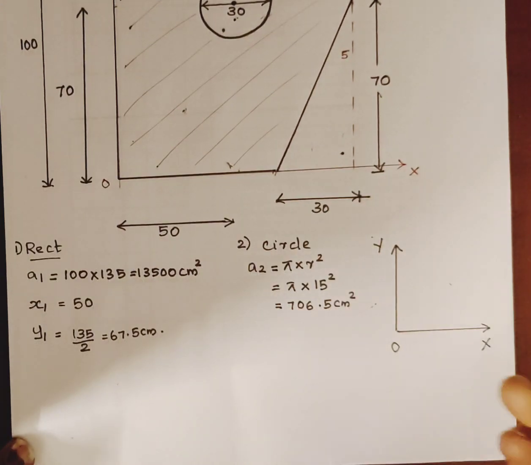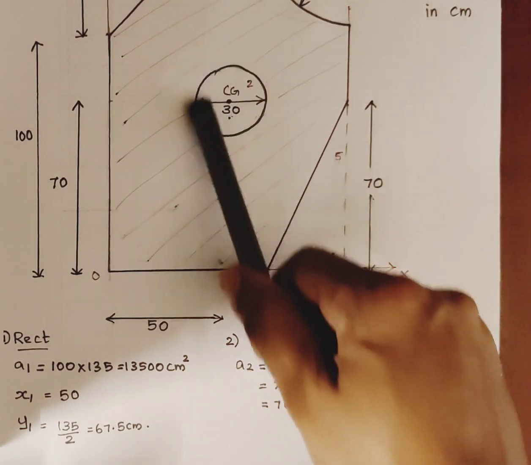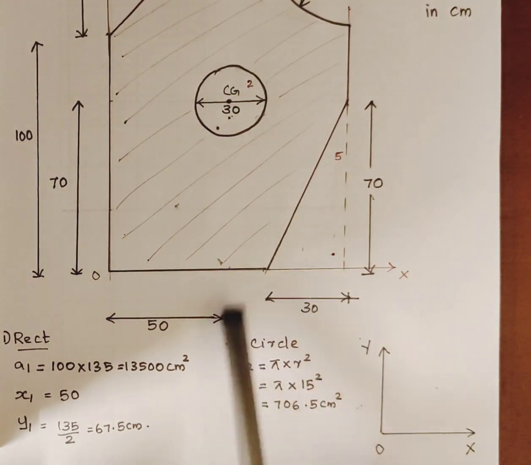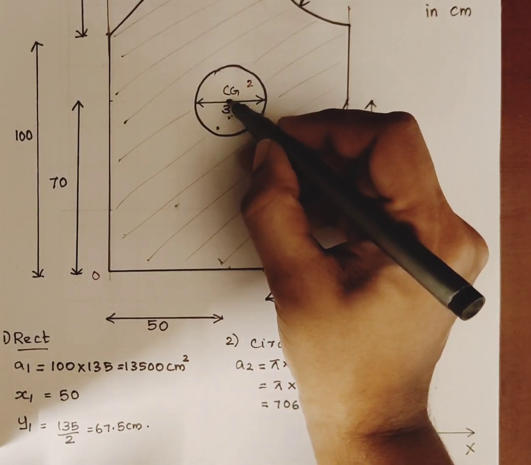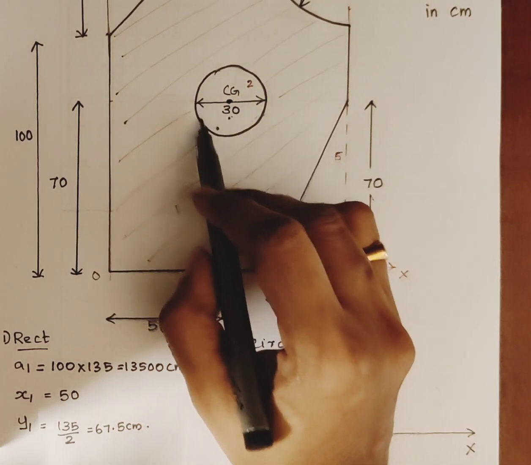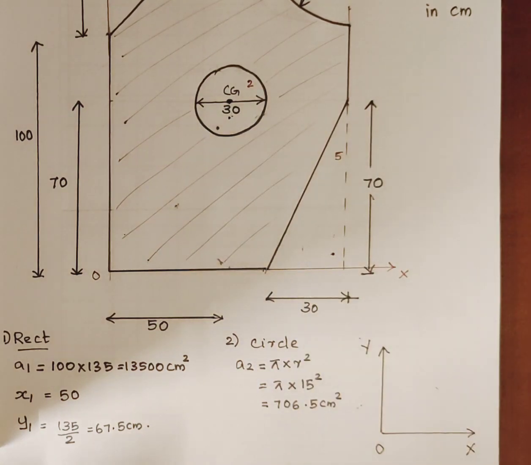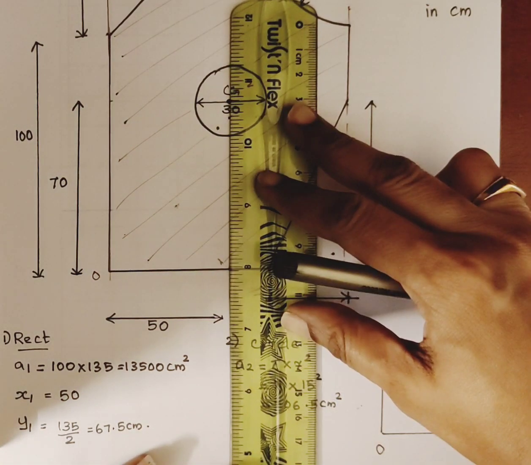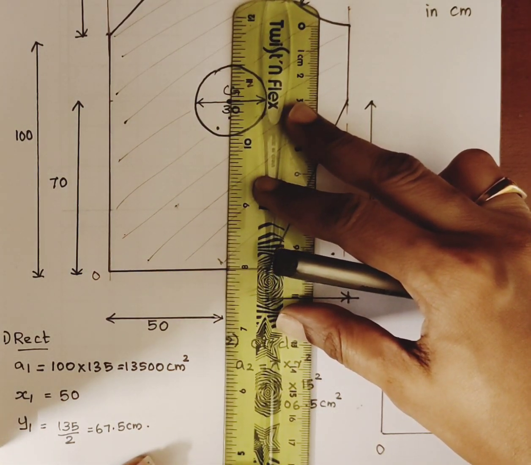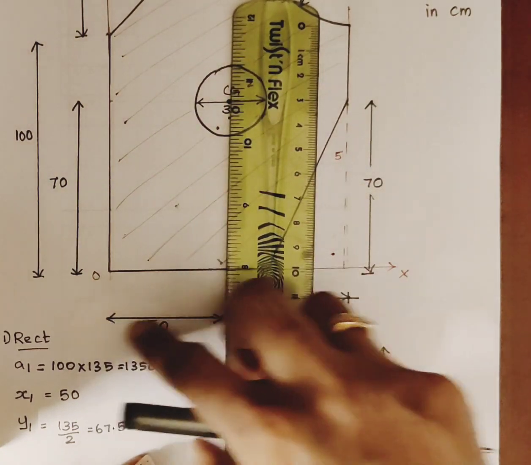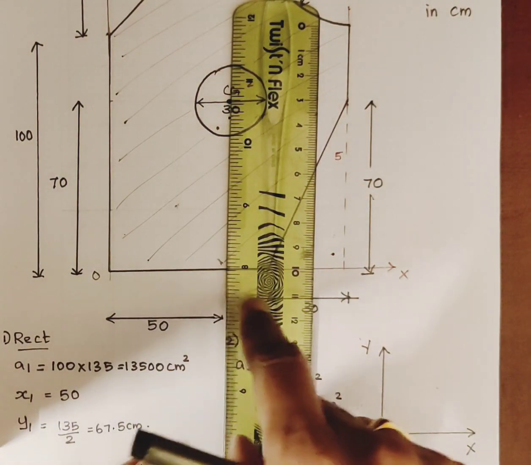So now the next is the circle. For this circle, the centroidal distance is given. So this is the centroid of the circle, whose diameter is 30. These distances are given in the question. This is the x coordinate with respect to the y axis.